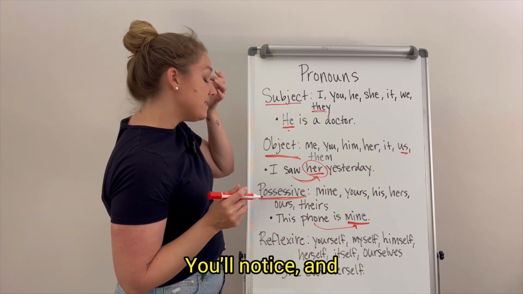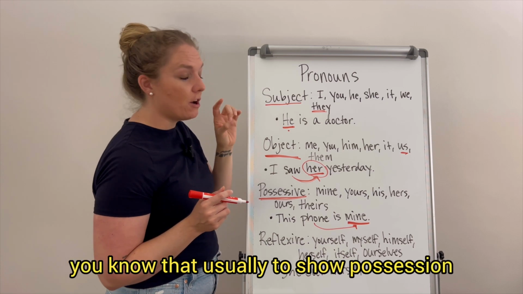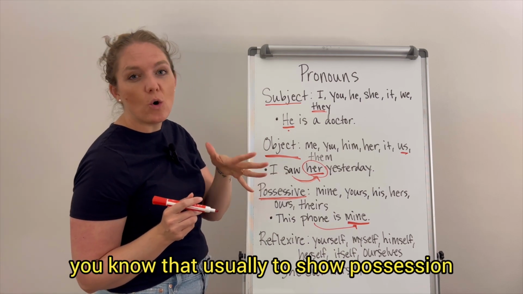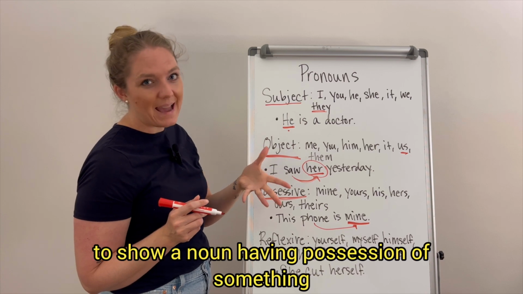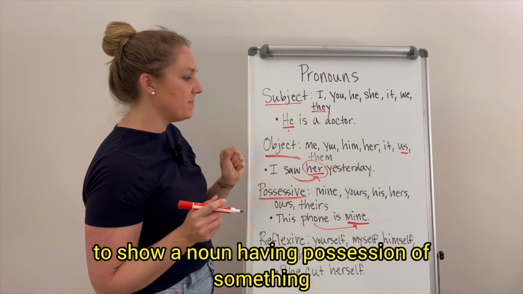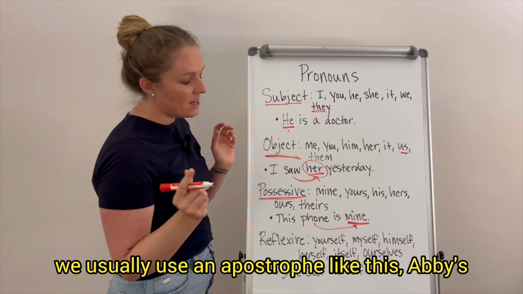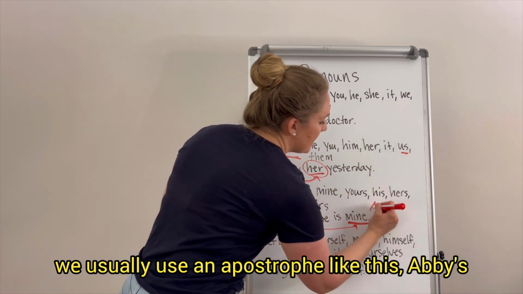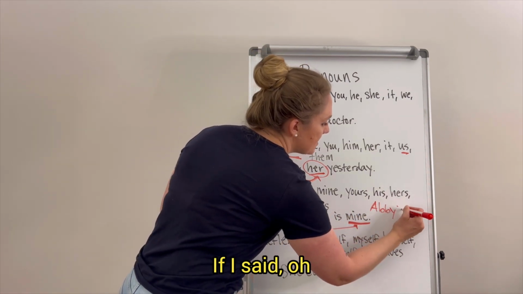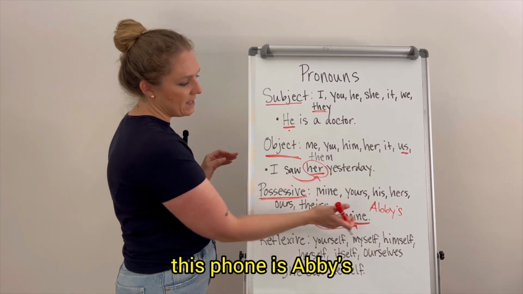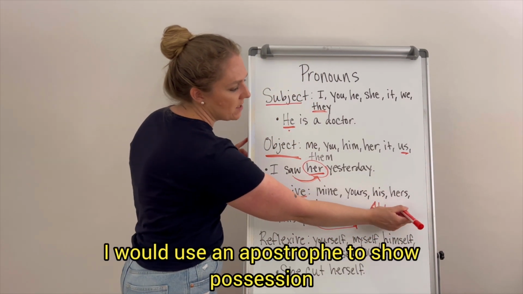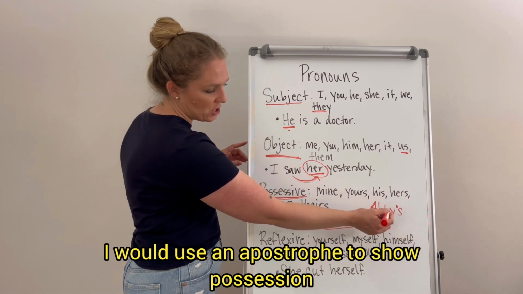You'll notice, and if you have studied English, you know that usually to show possession, to show a noun having possession of something, we usually use an apostrophe like this, Abby's. If I said, oh, this phone is Abby's, I would use an apostrophe to show possession.